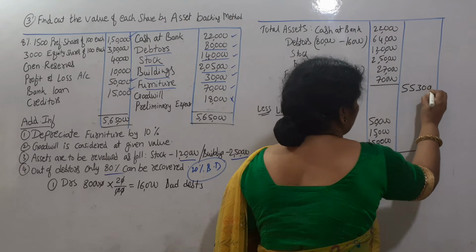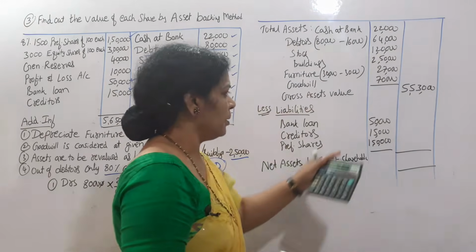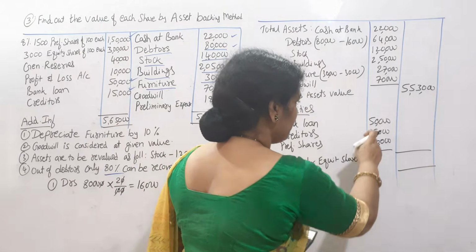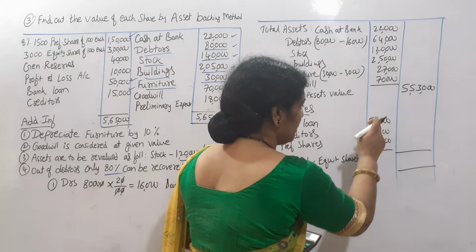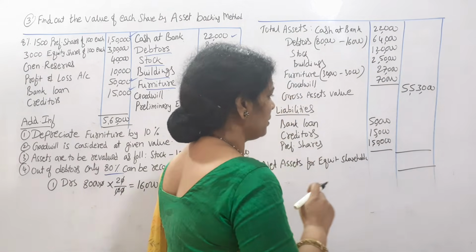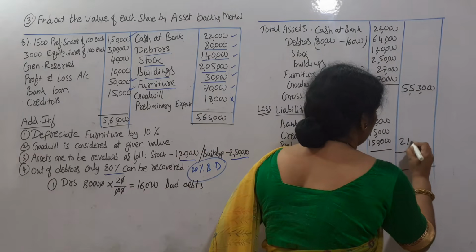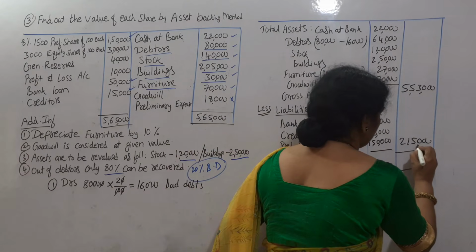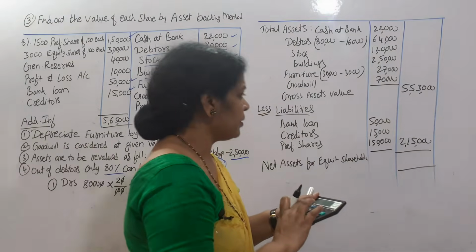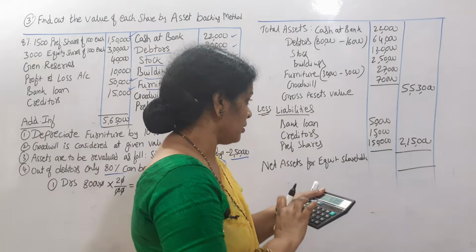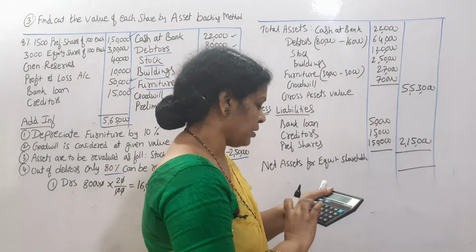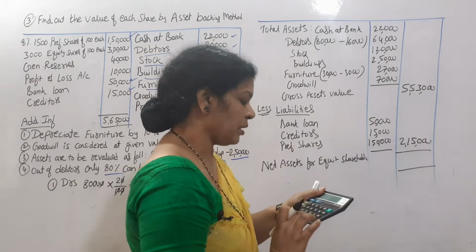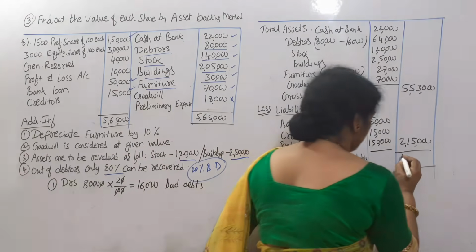This is gross assets. Minus this one, 1,50,000 plus 50,000 means 2 lakh, plus 15,000, 2,15,000. So 5,53,000 minus 2,15,000 is coming to 3,38,000.